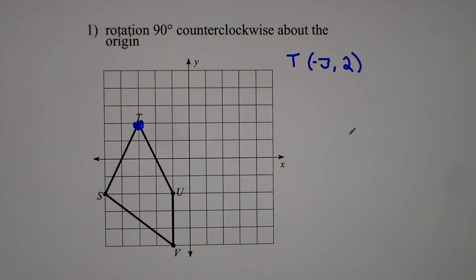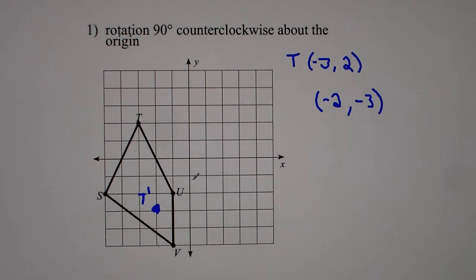To change that coordinate, (negative 3, 2), we flip-flop the x and the y, so we get 2 and negative 3, and we changed the y value, the original y value, that is. So positive 2 turns into negative 2. So (negative 2, negative 3). Right here, that blue dot is T prime.